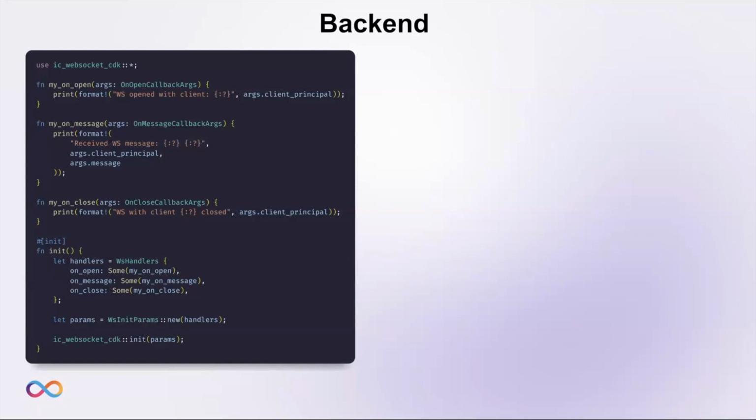And as you see here, if you are familiar with Rust on the Internet Computer, you are going to initialize the CDK in the init function of the canister. And then you need to expose some methods because the client and the gateway need to interact with the canister.